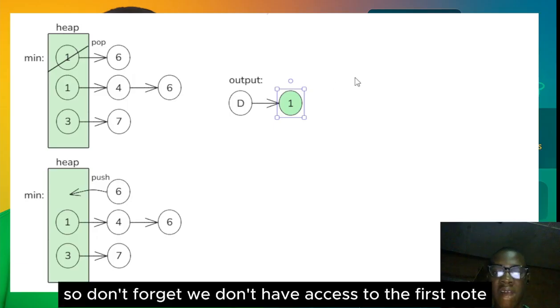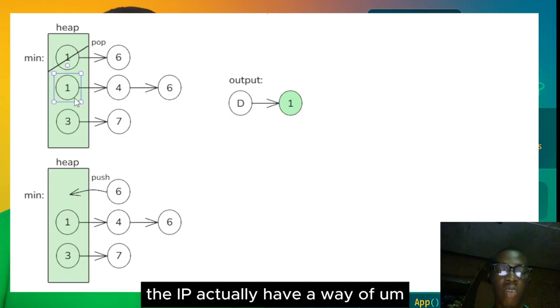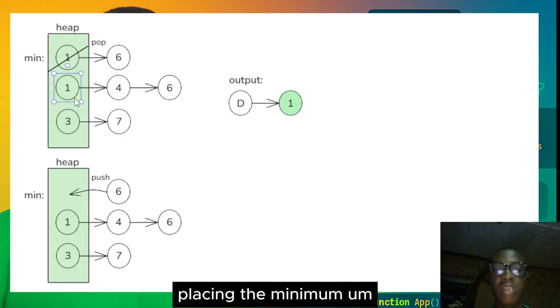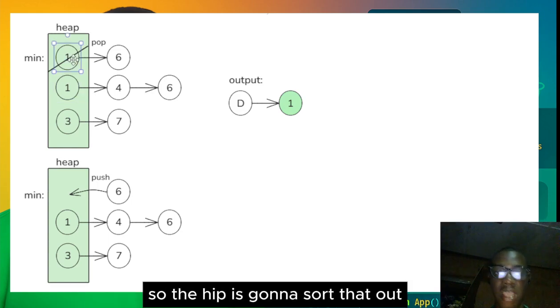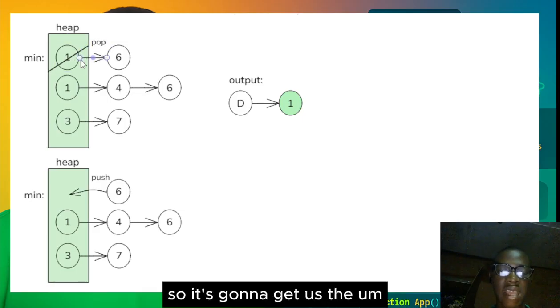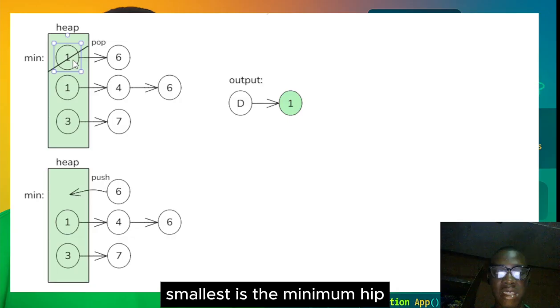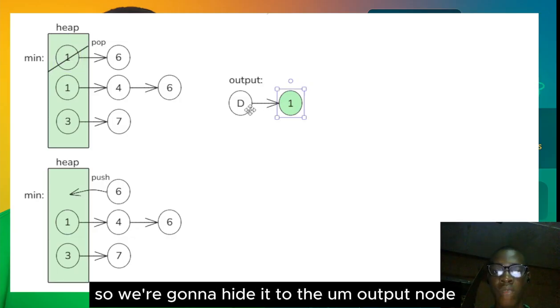We don't have access to the first node; we are just going to select it from the heap. The heap has a way of placing the node with the minimum value at the top, so all we have to do is pop out of the heap. Since it's a minimum heap, it's going to get us the node with the smallest value, and we're going to add it to the output.